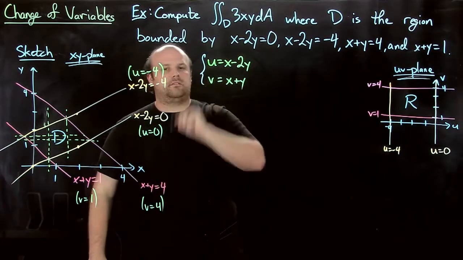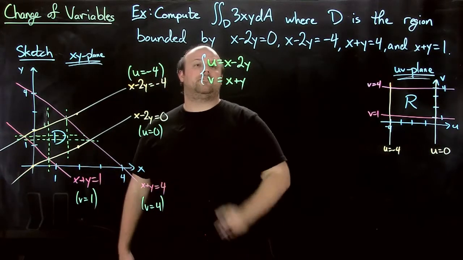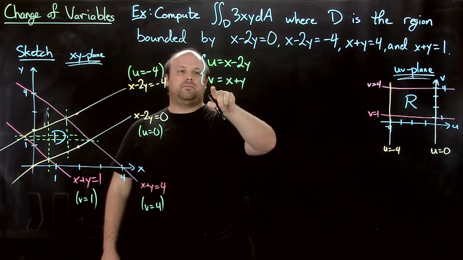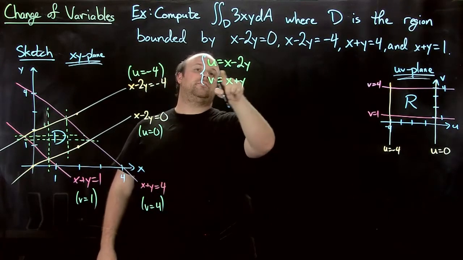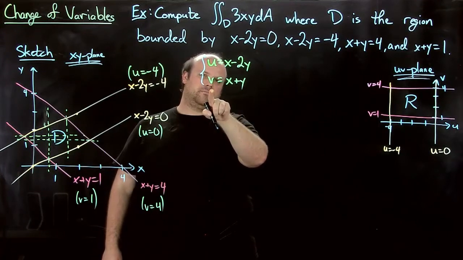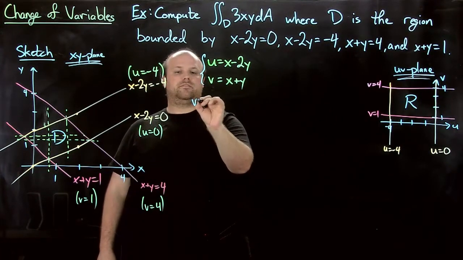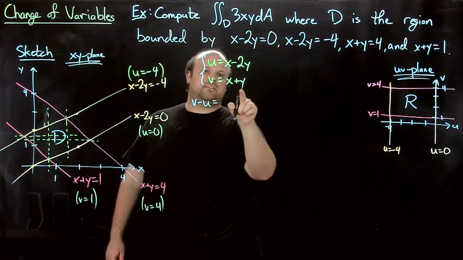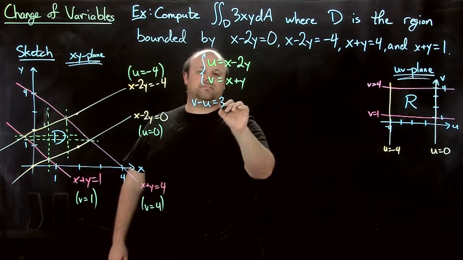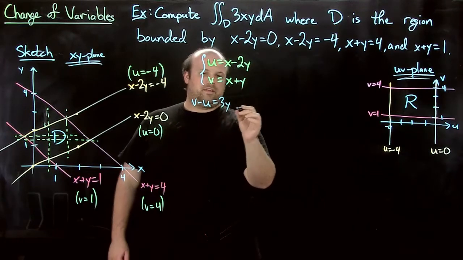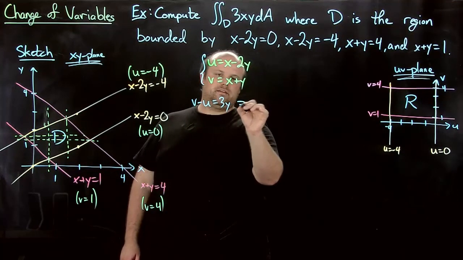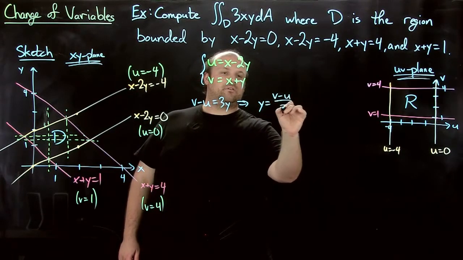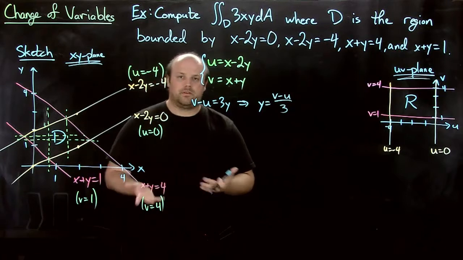So for example here, if we take u minus v, or v minus u even, so v minus u, that'll give us x minus x, and then y minus 2y, so 3y. And then that'll tell us y is (v minus u) over 3. All right, that's great.